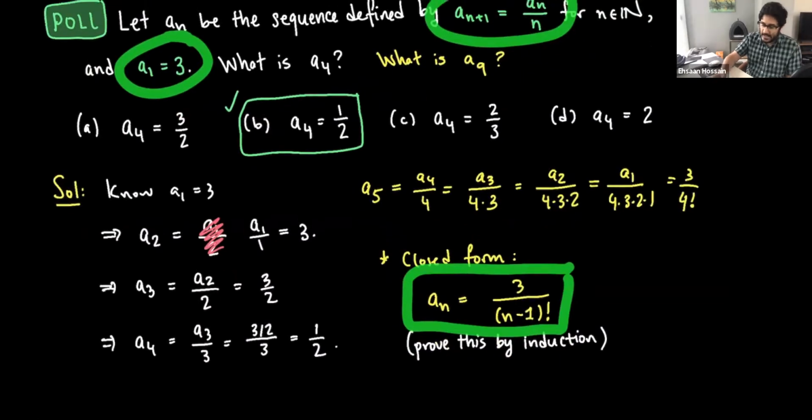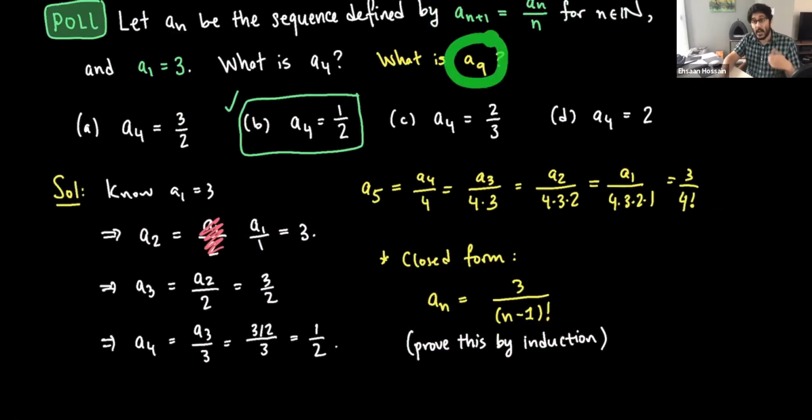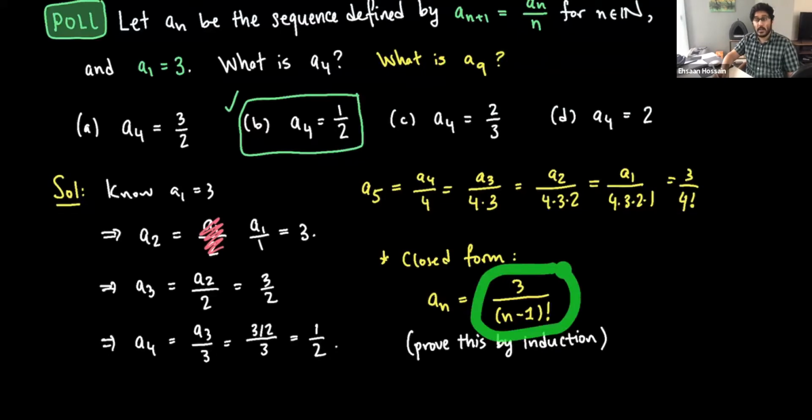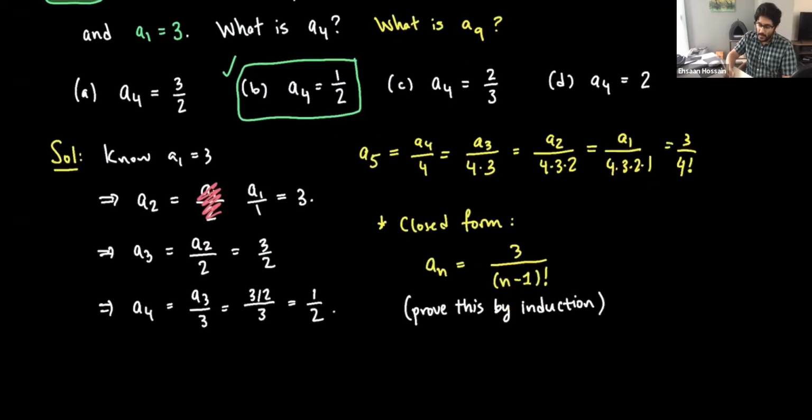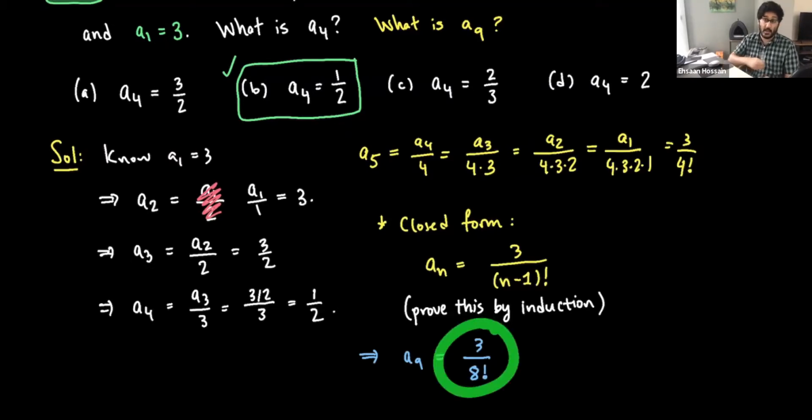So if I ask you A9, I don't need to calculate A1, A2, A3 all the way up to A8. I don't need to calculate all those terms. I can just plug 9 into this formula. So for example, I could just do A9 equals 3 over (9 minus 1) factorial, so 8 factorial. And I don't want to calculate that, but I can just leave it like that as exact form.